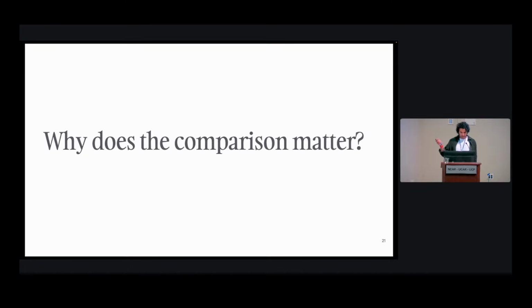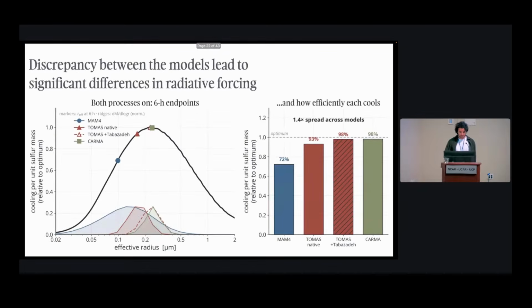So why does this comparison matter? Going back to the effective radius of aerosols. So just looking at the single simulations that I showed you, the Aitken one, if you run the model with the coagulation and condensation and normalize the size distribution, these are the size distribution here.